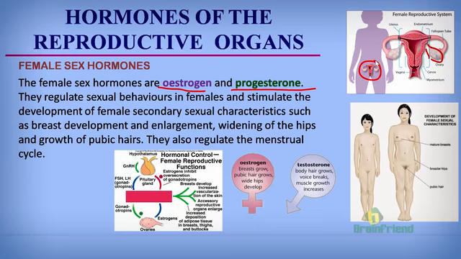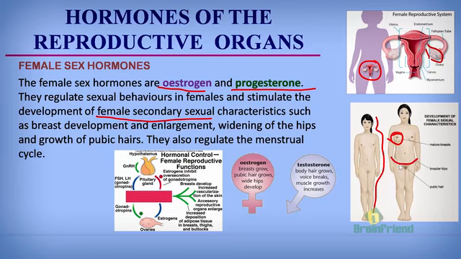They also stimulate the development of female secondary sexual characteristics, such as the development of breasts after puberty. If you take a look at this picture, this is a young girl before puberty. After puberty, estrogen and progesterone are responsible for the development of breasts. They are also responsible for the widening of the hip.